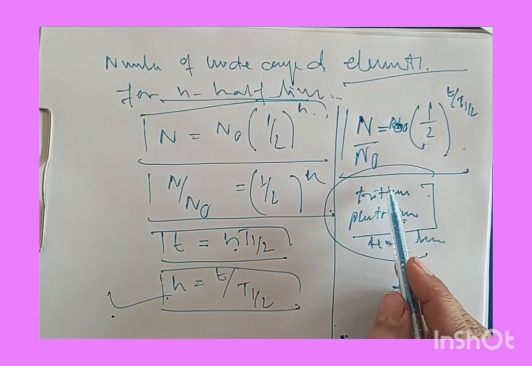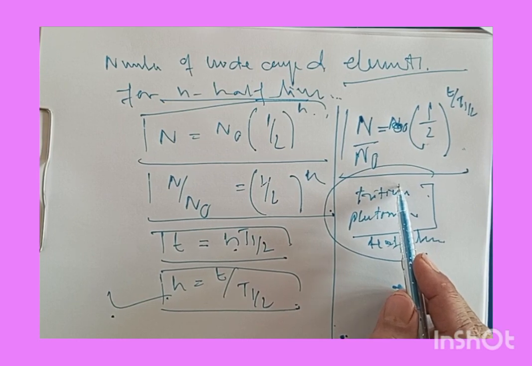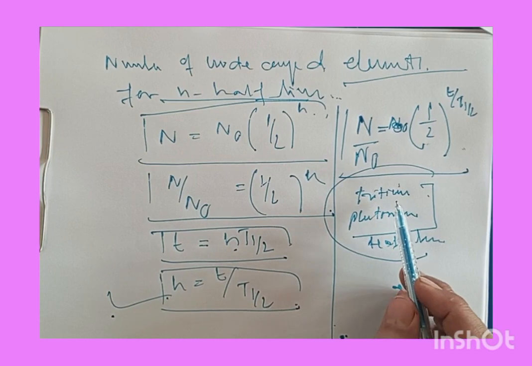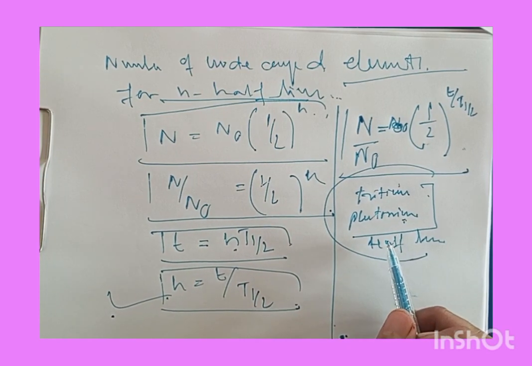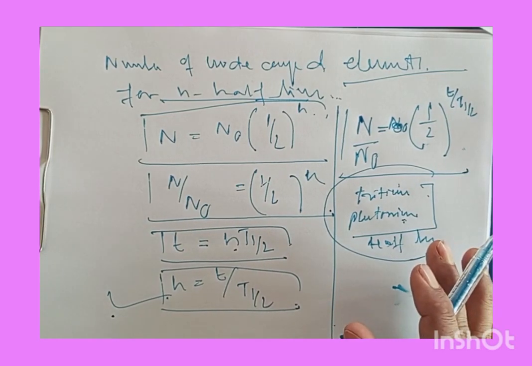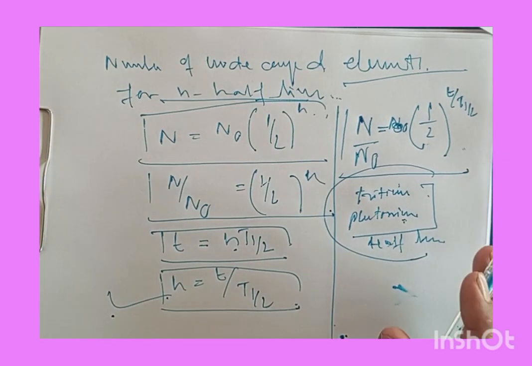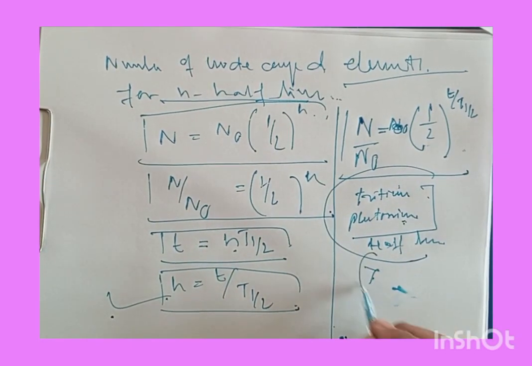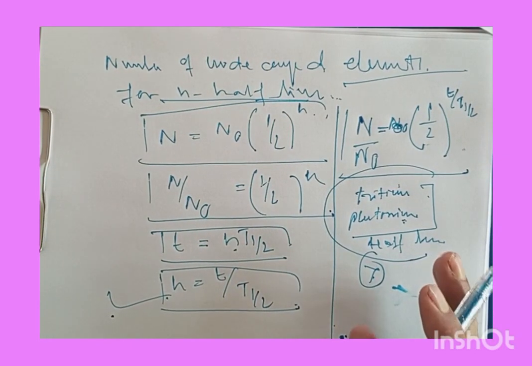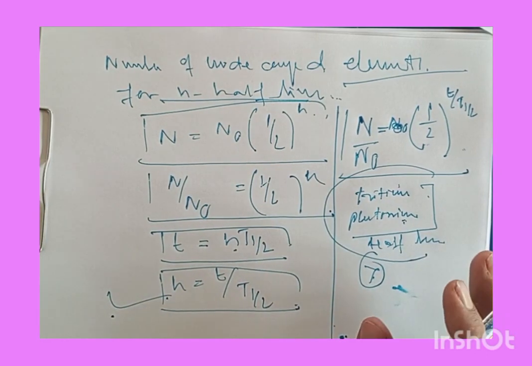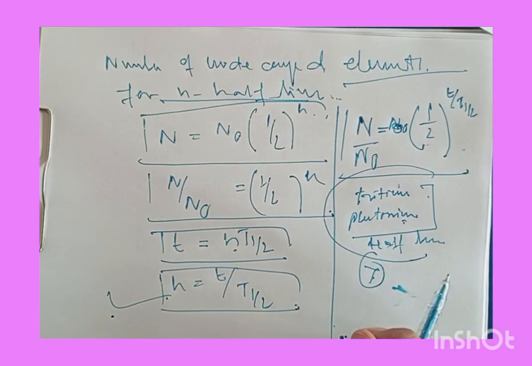However, we can have these elements produced artificially by means of nuclear reactions. So what we conclude here is that the half-life of radioactive substances can be determined from the rate of disintegration of the substance, lambda, and also the half-life of the radioactive substances is not affected by the change of temperature and pressure.